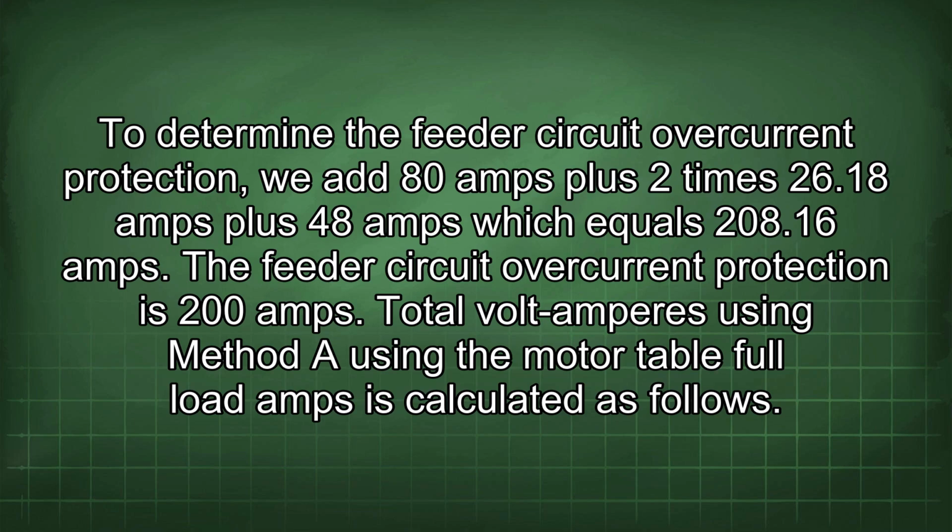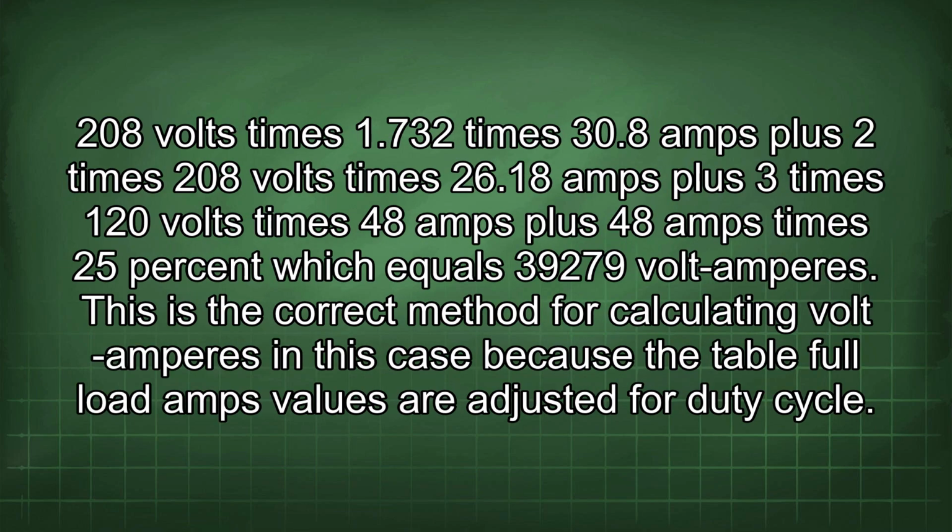Total volt amperes using the method of using the motor table full load amps is calculated as follows. 208 volts times 1.732 times 30.8 amps plus 2 times 208 volts times 26.18 amps plus 3 times 120 volts times 48 amps plus 48 amps times 25%, which equals 39,279 volt amperes.